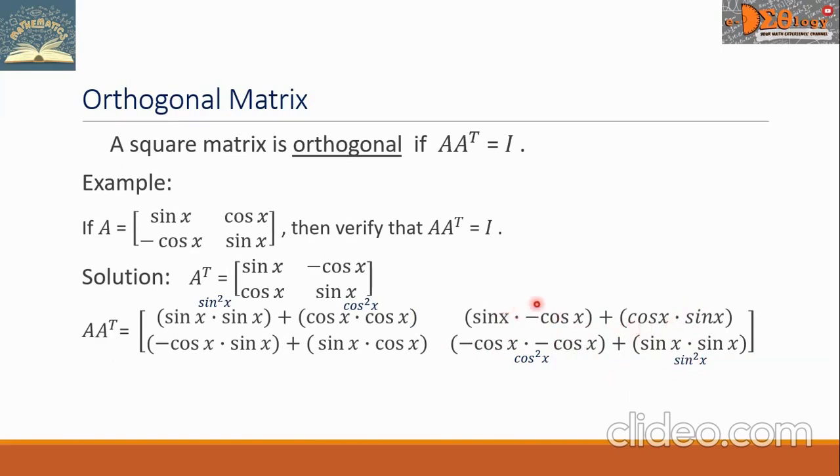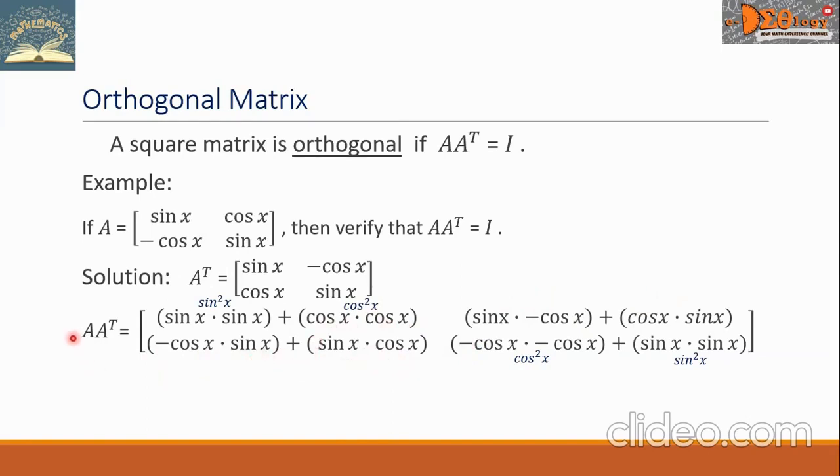The sine x times negative cosine x will be negative sine x cosine x. Plus, this is sine x cosine x. Later, if we add, this will be 0. Down here will be negative cosine x times sine x is negative sine x cosine x. Plus, this sine x times cosine x will be 0.